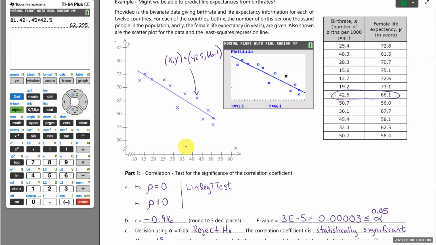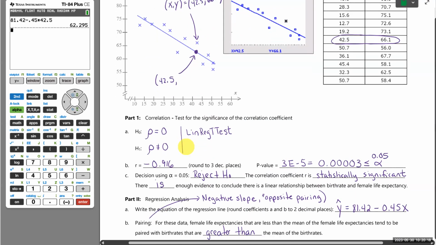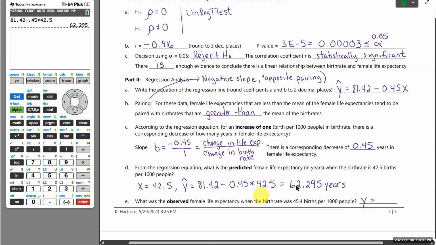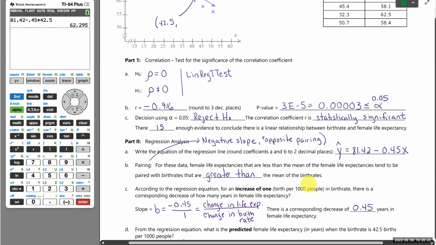And what we predict on average, so that same X value, but on the regression line, so 42.5, our Y hat came out to be lower than 66.1. It was 62.295.